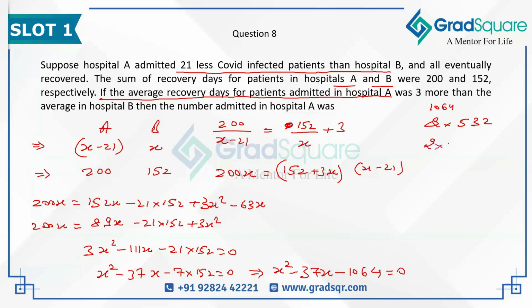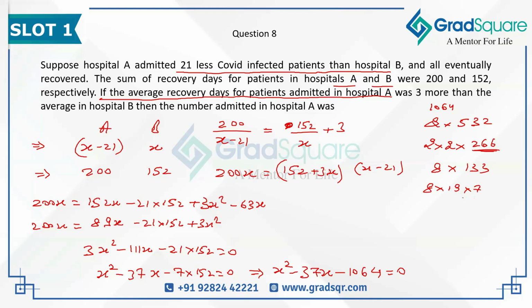So I'm taking another 2 over here and making it 4 times 266. Again, not giving me a fair idea. So I'm going to now make it 8 times 133. Now 133, I realize that it is nothing but 19 into 7. So 8 into 19 into 7 is what I'm getting.